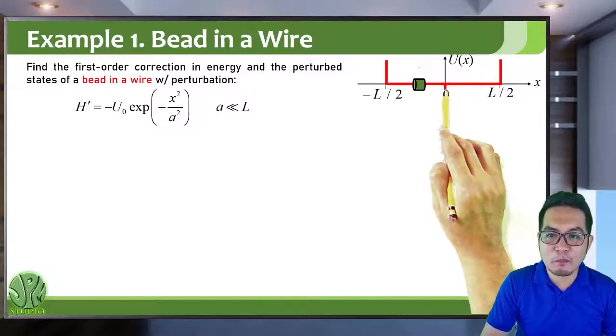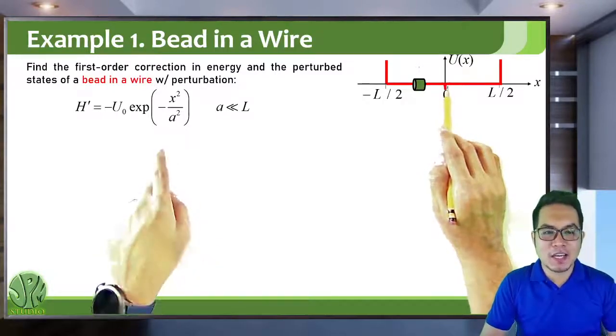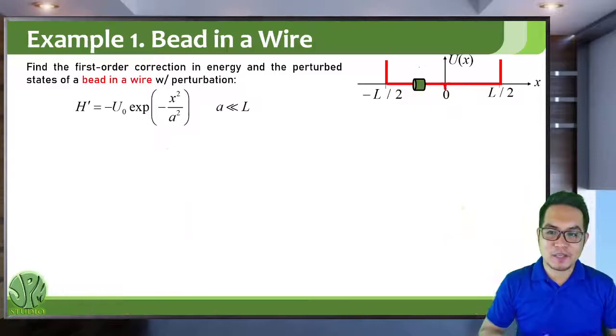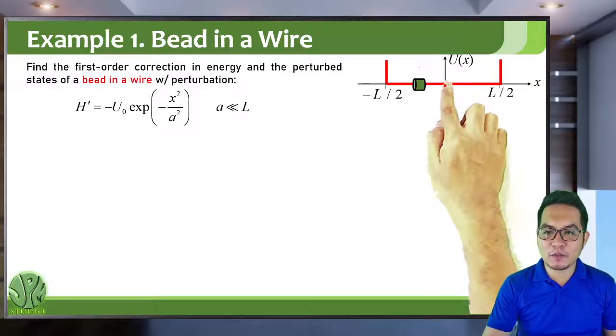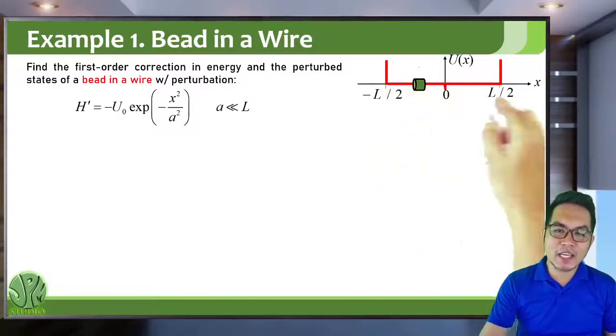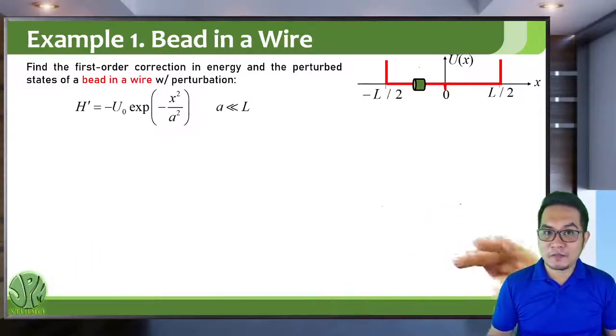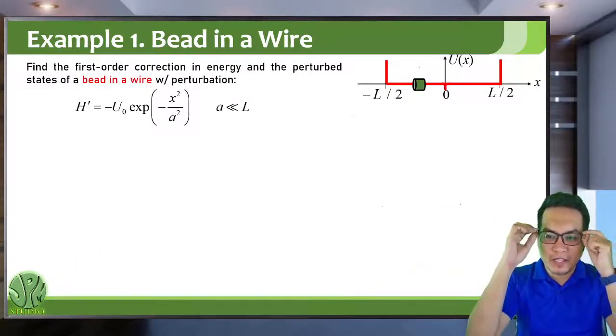So you put a small bend in the wire, and this represents this perturbation here. So in the original problem, there's no bend in the wire, so basically it's just a particle in an infinite square well potential.